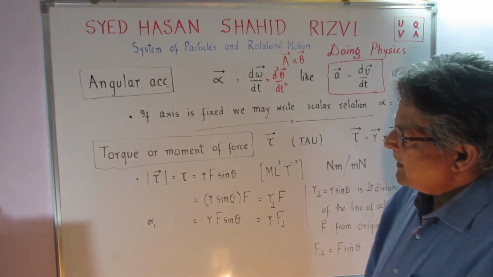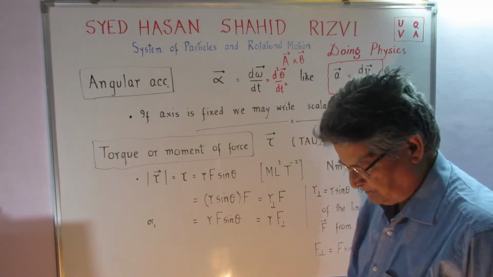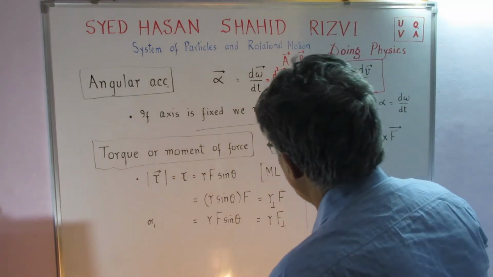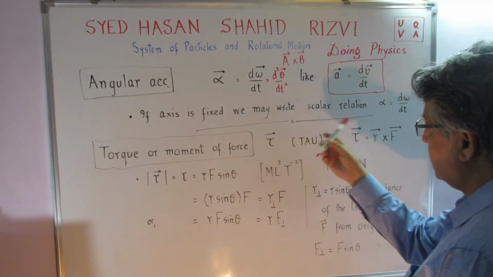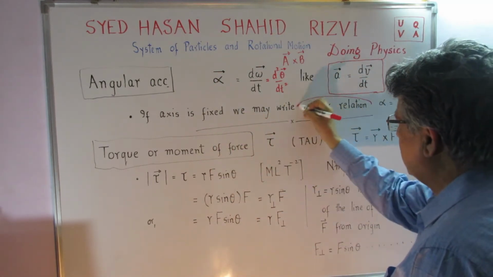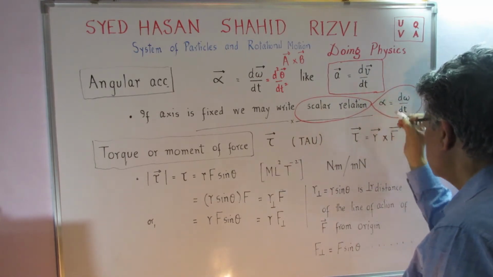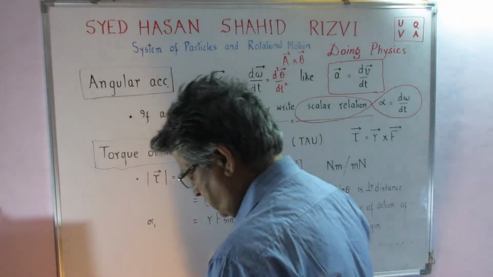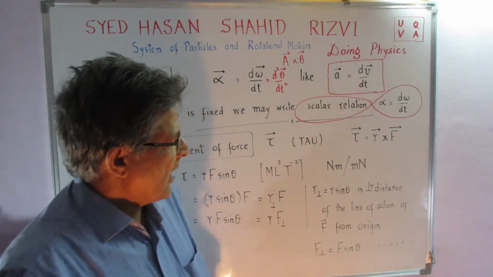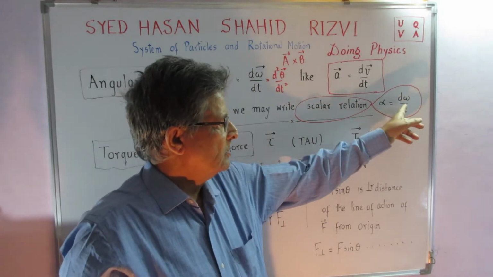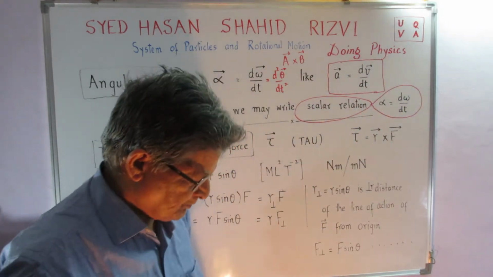Now, if the axis of rotation is fixed for the body, we may write a scalar relation, and that is the magnitude of the angular acceleration alpha is equal to d omega over dt. Both of them are scalars.